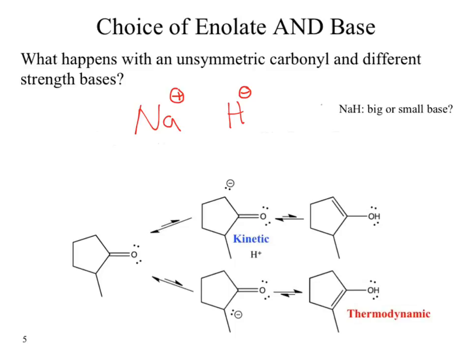Okay, it's hydride. It's hydrogen. That's as small as we can possibly get. Why is that so big? What kind of bond is there between sodium and hydride? Ionic bond. Okay. What part of sodium hydride is organic soluble? None of it is organic soluble.